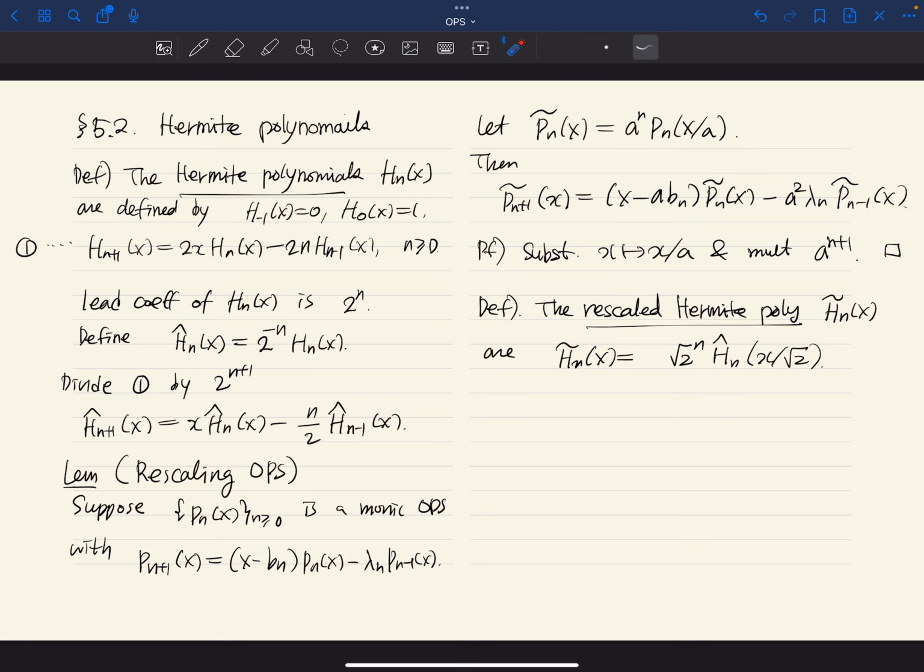Is that right? According to this lemma, we will have to multiply. I think this should be minus. According to this lemma, square root of 2 x. This seems better.